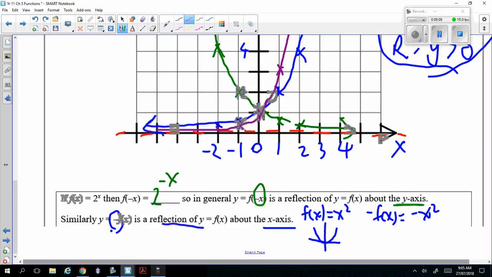So it's reflected about the x-axis, that negative. Whereas if I change the x to negative x, this reflects about the y-axis, as you see on the exponential. Right?